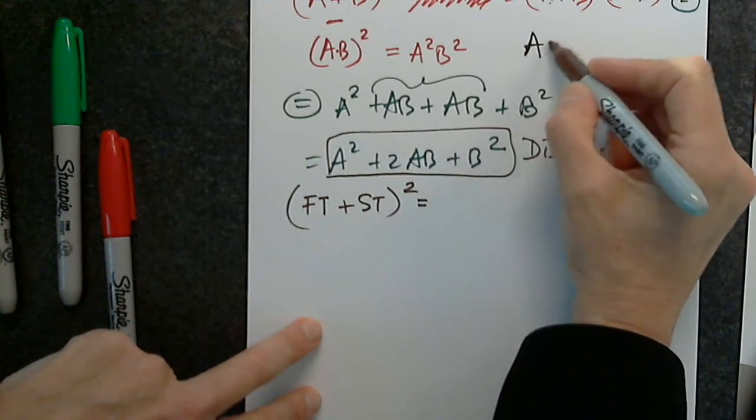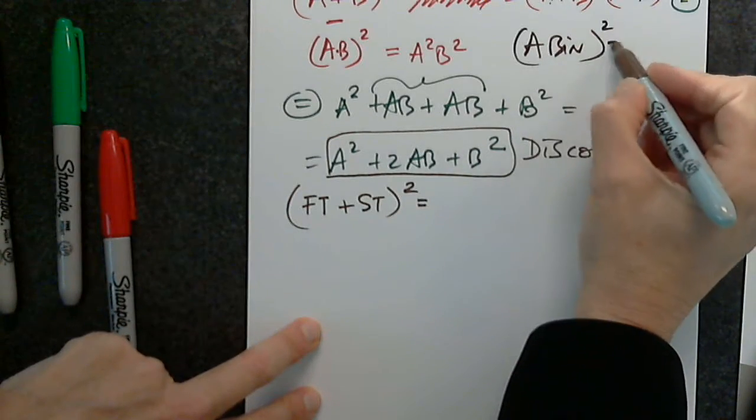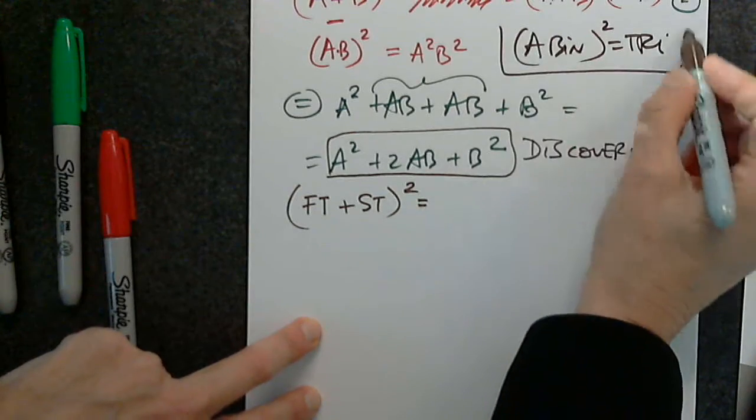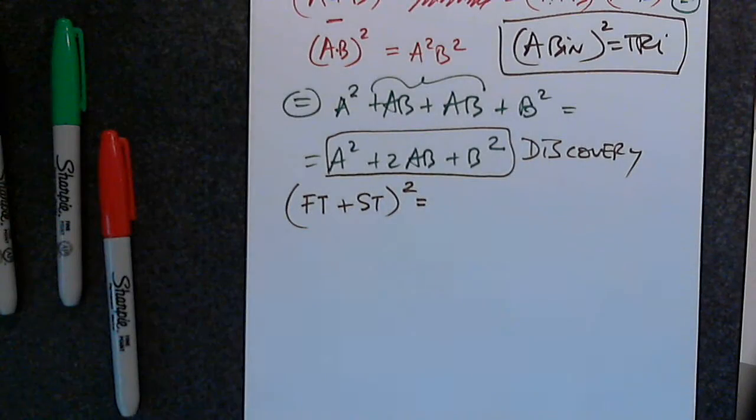So a binomial squared equals a trinomial. This is our discovery, and we have to commit it to memory. When I square a binomial, I must get a trinomial as the answer. Otherwise, it's wrong. So when I square a binomial, I cannot get 2 terms. I must get 3 terms.